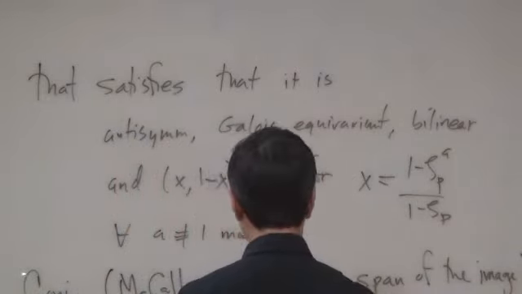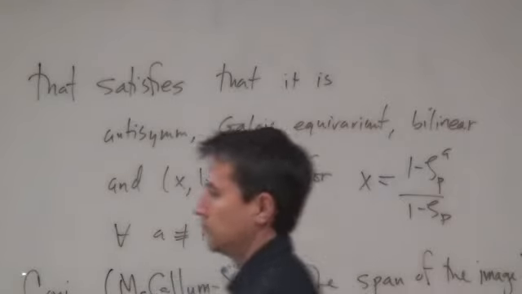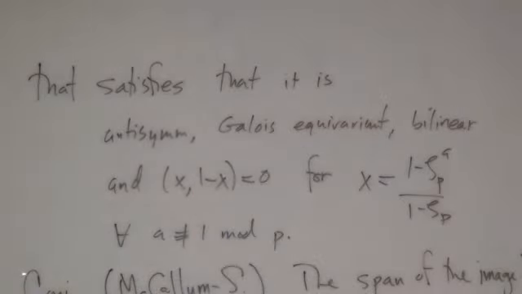So essentially the cup product is surjective on cyclotomic B units. Right, so this suggested that to us.